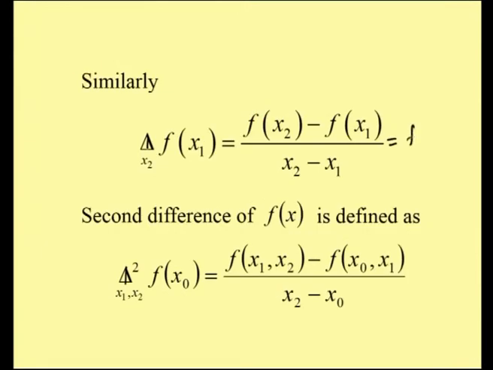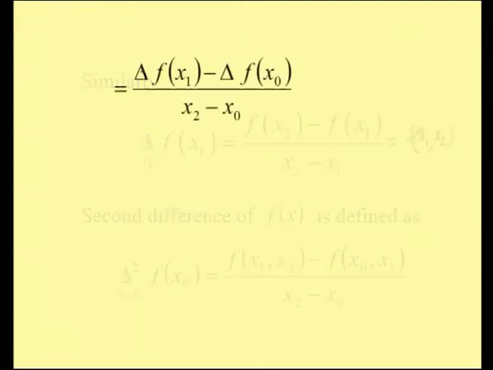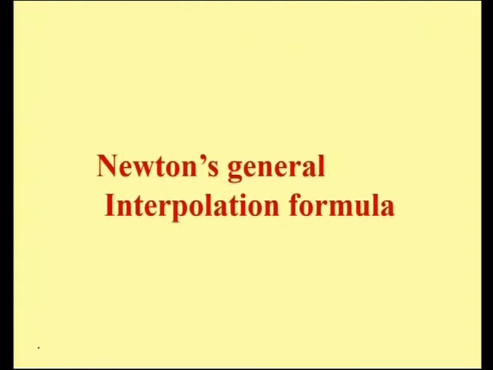So, del square f of x0 is f of x1 comma x2 minus f of x0 comma x1 divided by x2 minus x0. So, this is del f of x1 for x2 and del f of x0 for x1 divided by x2 minus x0. This is the divided difference formula. Using this we have Newton's general interpolation formula.